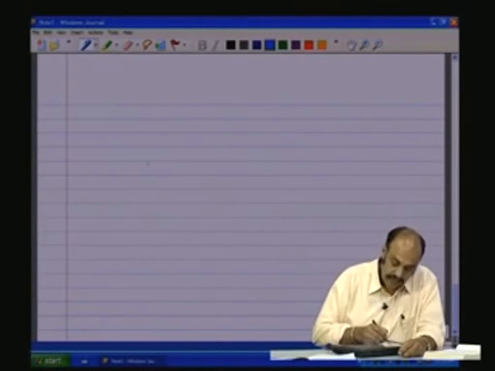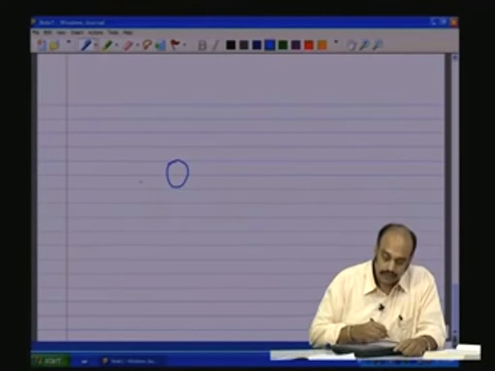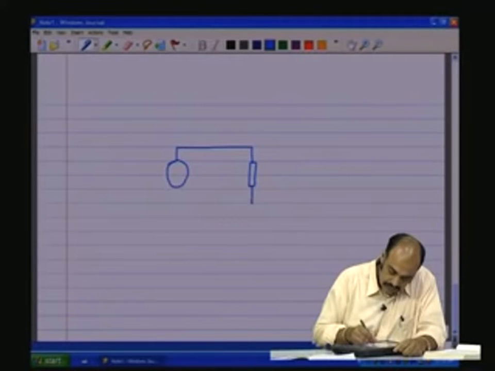Let me take a source, a sinusoidal voltage source. Let me arrange it in this fashion. Let me say that this source is connected to a resistive load, as shown like this.